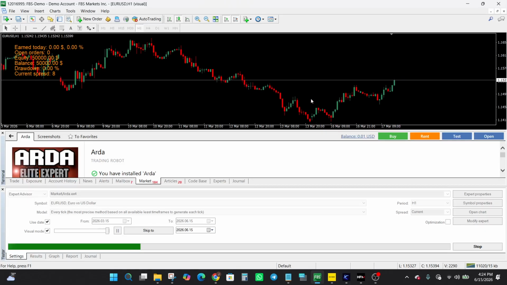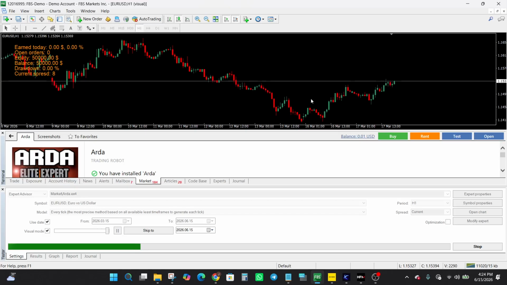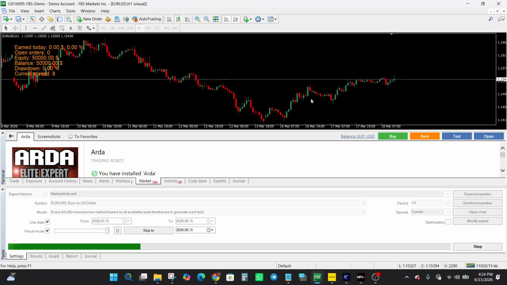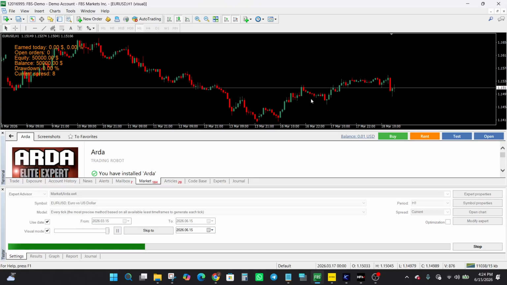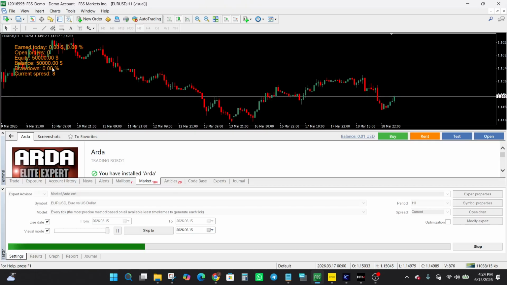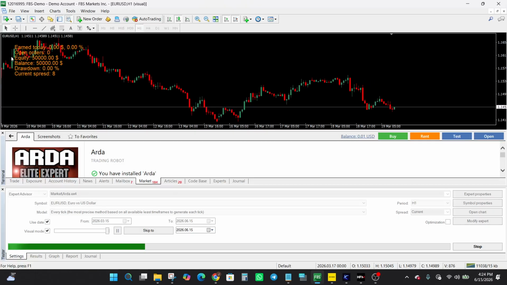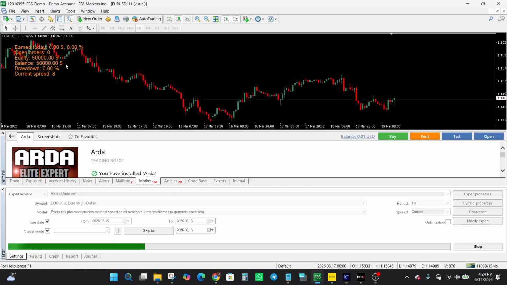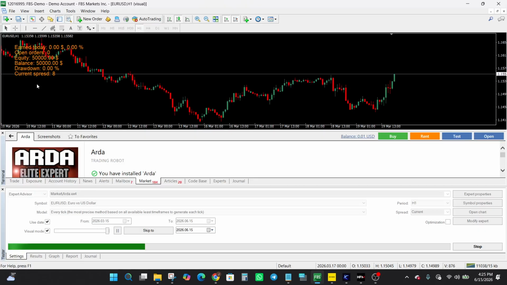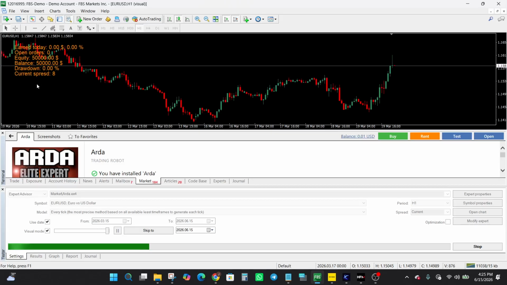Beyond those details, I would avoid making assumptions about the precise entry triggers, exit logic, or filtering mechanisms because those specifics are not disclosed on the product page. I can see here the dashboard shows the amount earned for that day, the open orders, the equity, the balance, the drawdown, and the current spread. All right, so it's quite an interesting one.